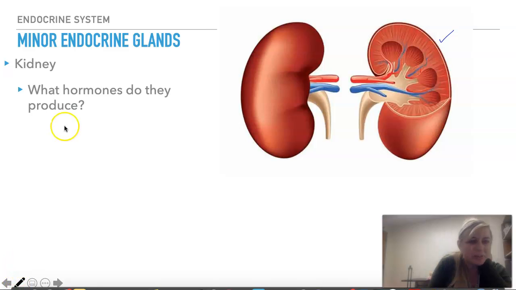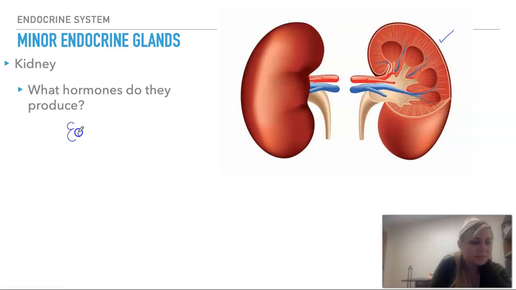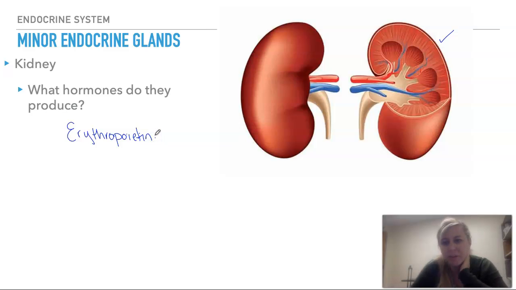So one of the hormones that they produce is called erythropoietin. This is a hormone the kidneys produce when our oxygen levels get low, and it stimulates us to produce more red blood cells.